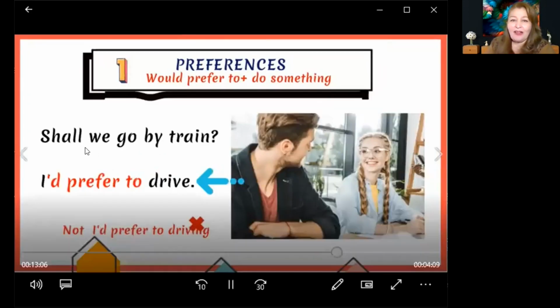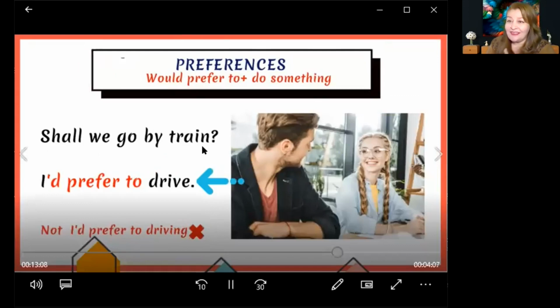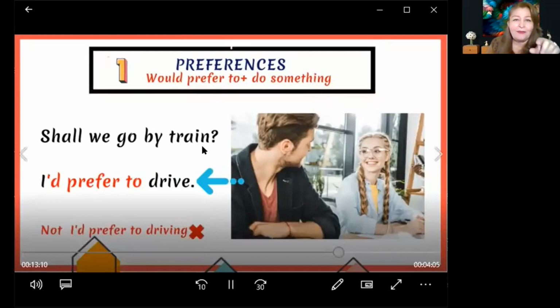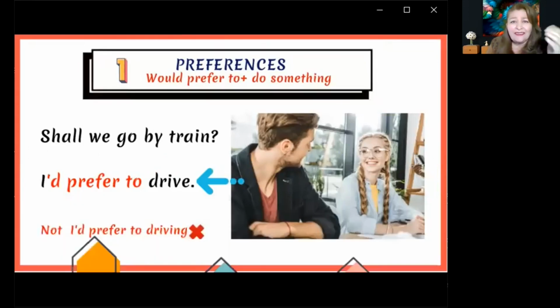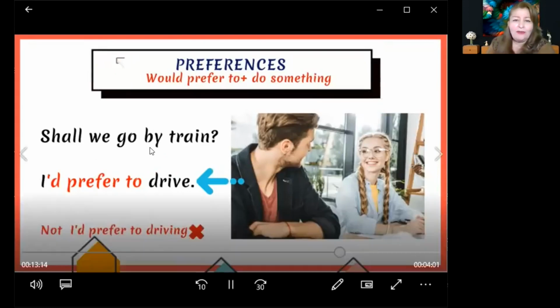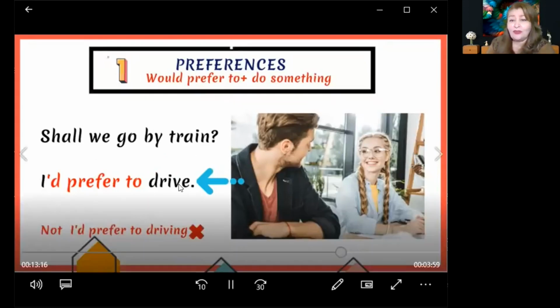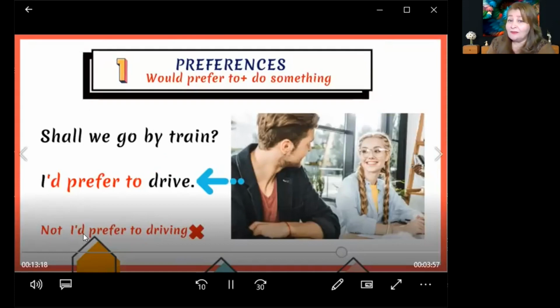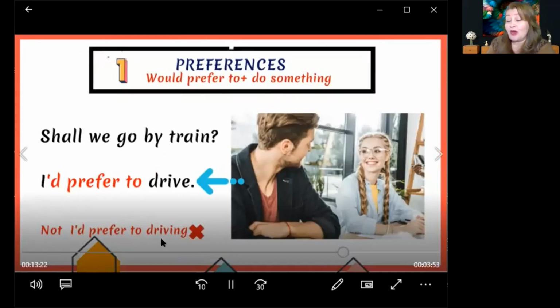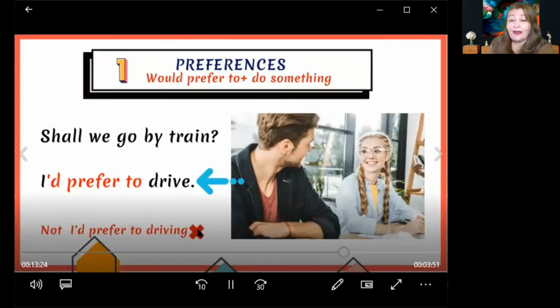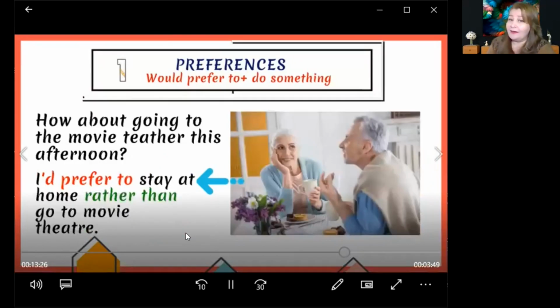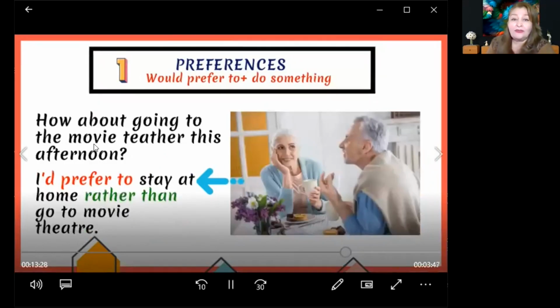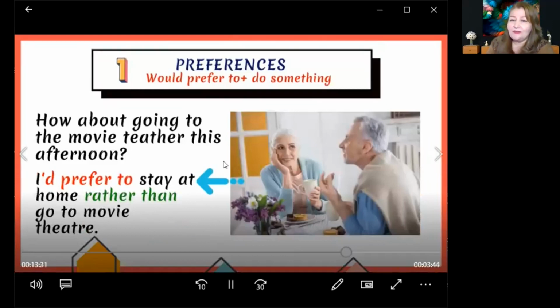Okay. Shall we go by train? This example explains this much more clearly, I think. Shall we go by train? I prefer to drive, but be careful, you shouldn't use I prefer to driving. No, no, no. You cannot add an ing form here. How about going to the movie theater this afternoon?